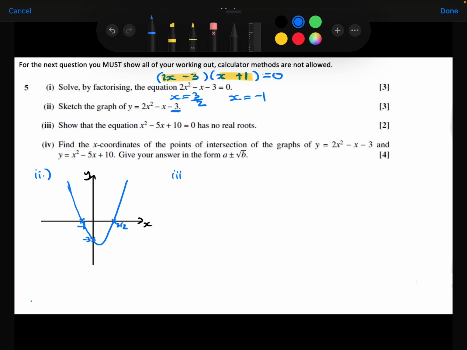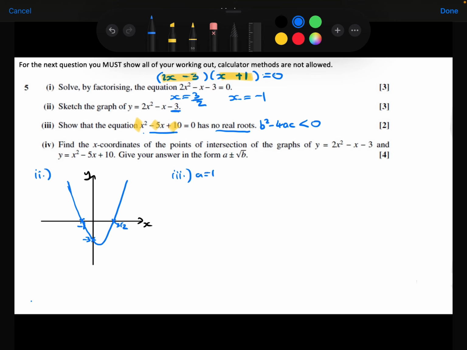Right, part (b). We need to show that this equation has no real roots. Well, it will have no real roots if the discriminant b squared minus 4ac is less than 0. So let's check that. The a is 1, the b is minus 5, and the c is 10.